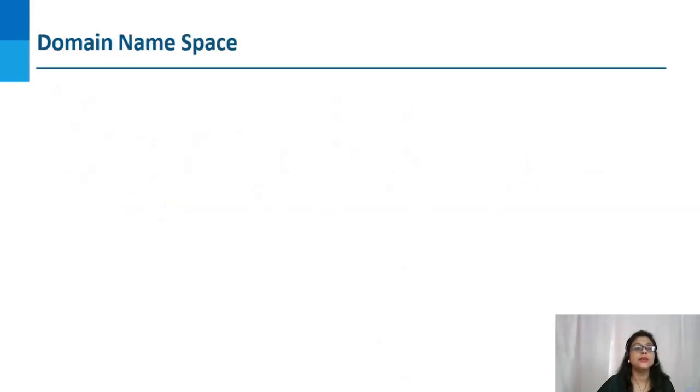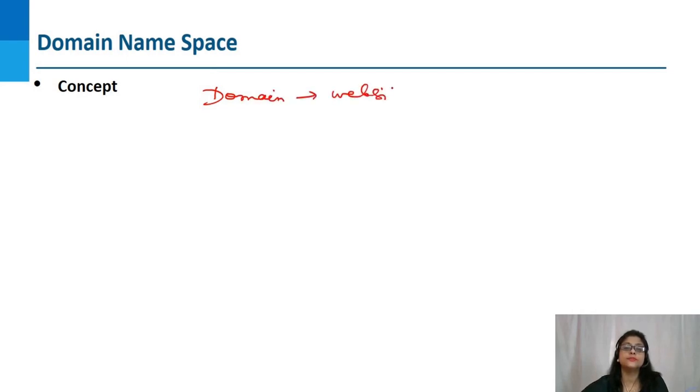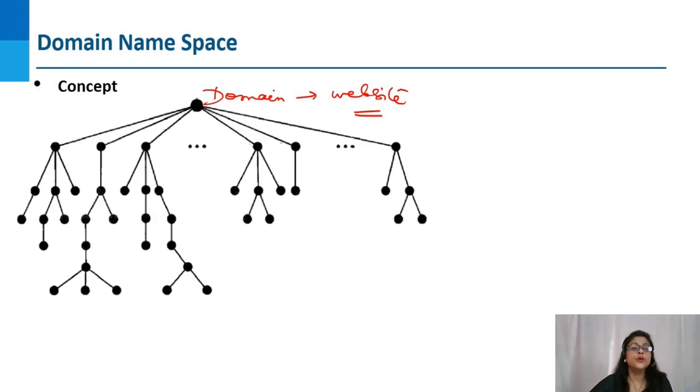Let us now understand domain namespace. What is the concept of domain namespace? Now the domain means a website. So here you see the domain namespace is divided into several levels.